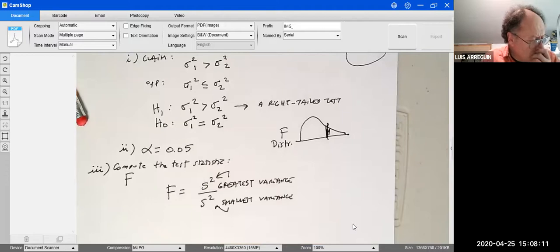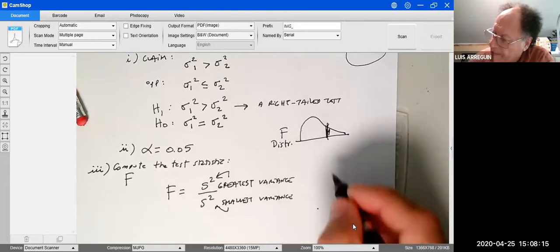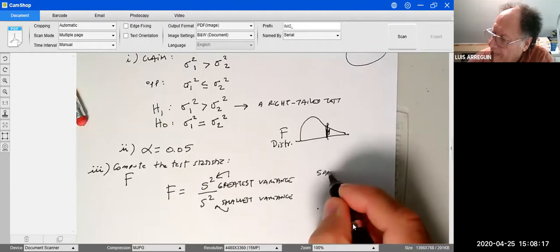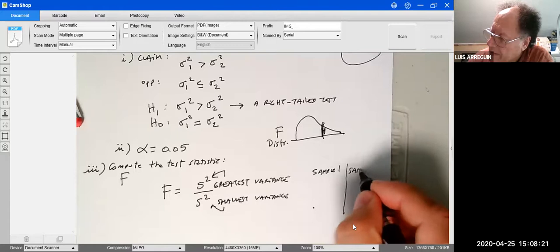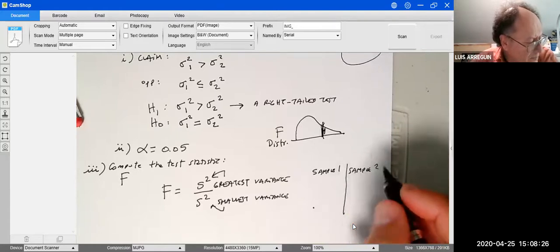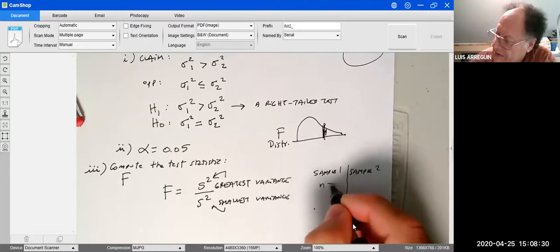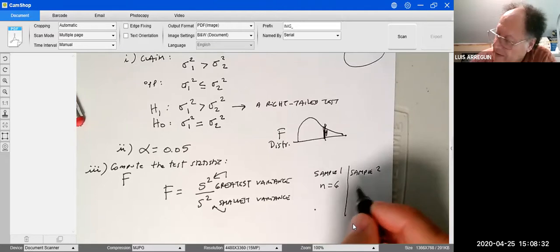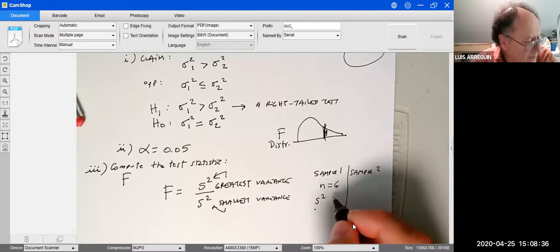From the first sample, sample 1, sample 2: the variance for 6 specimens is 2.3.